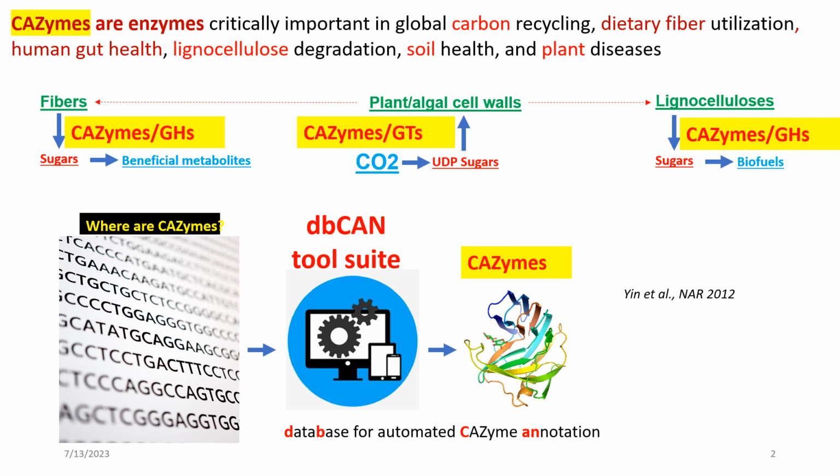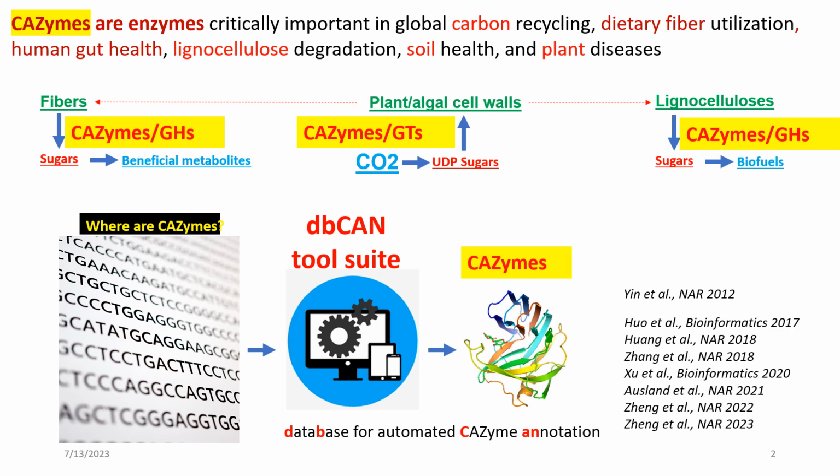dbCAN was first published in 2012. With the NSF grant, we continued the development of new computer tools centered on dbCAN, and with an NIH grant, we aim to develop new tools to facilitate the use of personalized dietary fiber for improved human health.